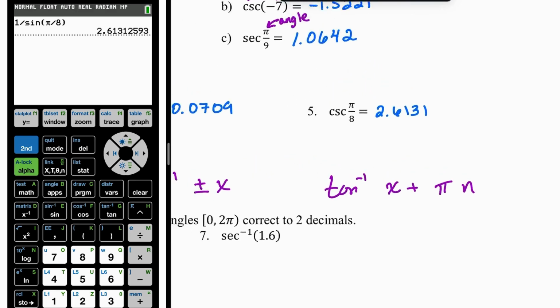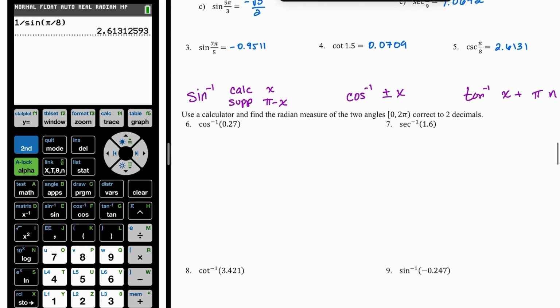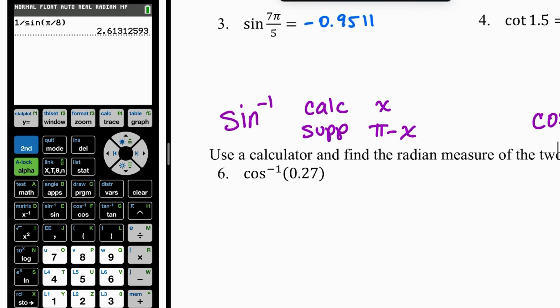So back when we talked about the unit circle in radians, we talked about how we could find two angle measures using those exact values. But in these four examples, these decimals are not exact answers. They're very rounded values of radian values. So just like what we did in degrees, we're going to have our formulas for sine inverse, cosine inverse, and tangent inverse, where for sine inverse, we get the calculator value and its supplement.